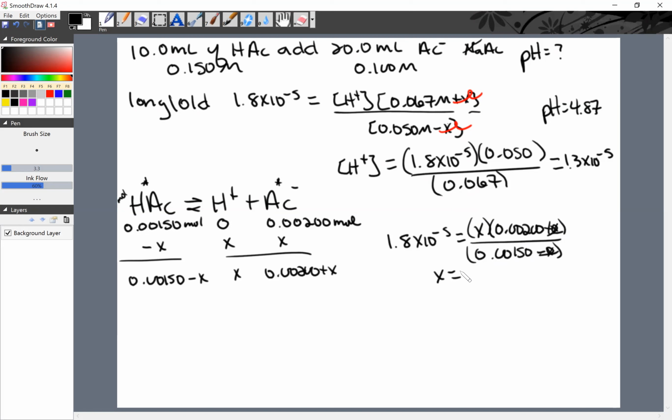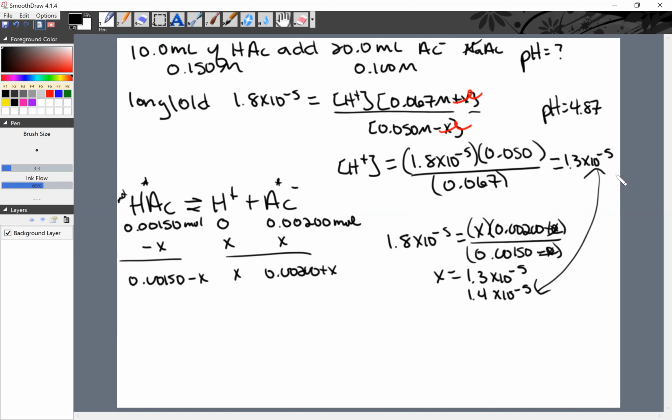Look at that, 1.3, and depending on how you round, 1.3 or 1.4 times 10 to the minus fifth. Look, they match, because in a buffered situation, I'm really only concerned with the moles, not necessarily the molarity. And if you take the negative log of that, it's within rounding at 4.87.